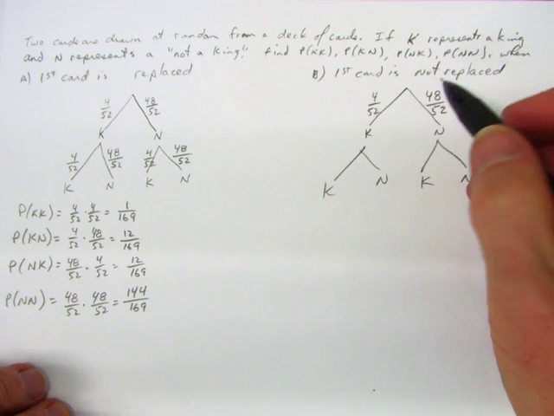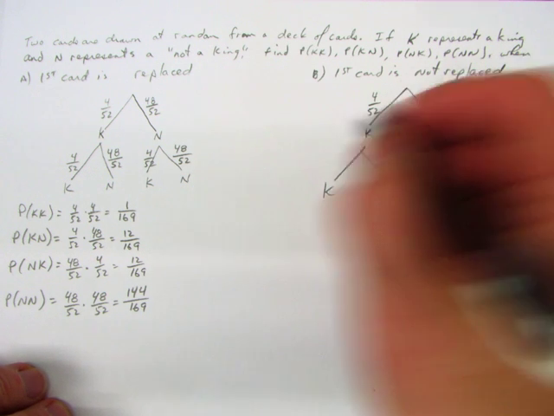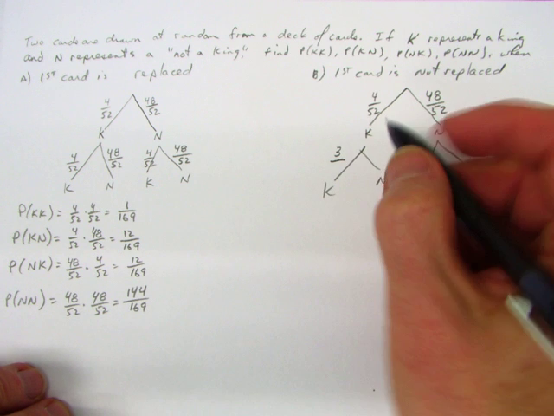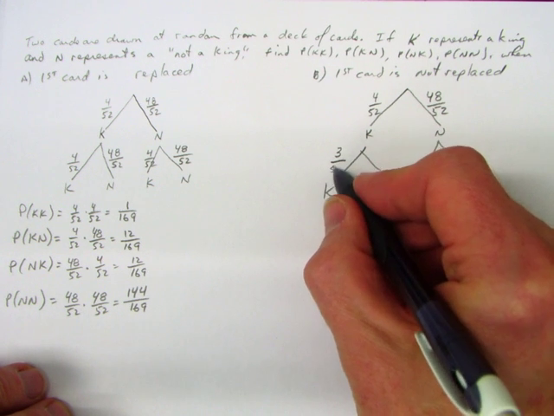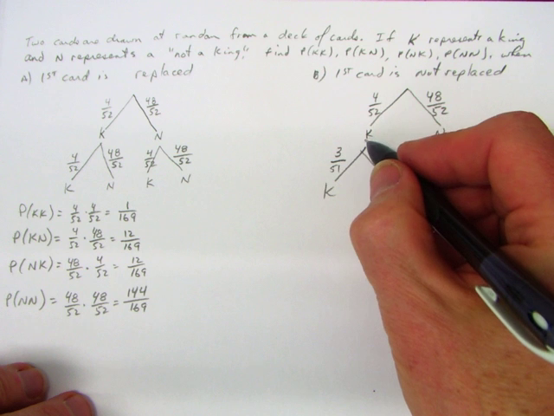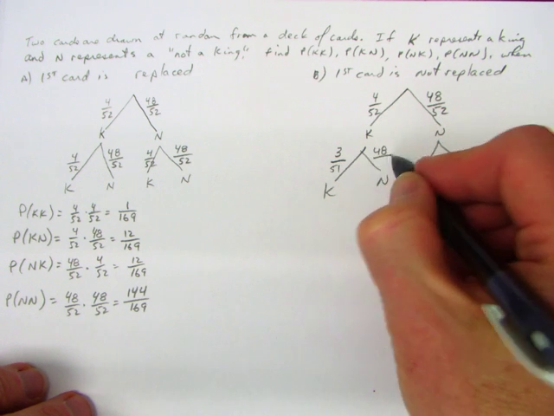But what's different now is since we don't replace the cards, we took 1 king away. How many are left? There are only 3. How many cards are there? 51.